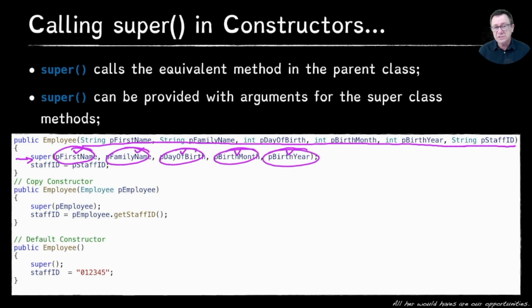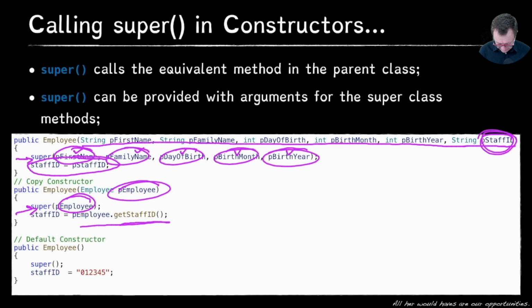And what have we used? We've used in that superclass our constructor with parameters. Now we also set staffID here to be pStaffID. We have our copy constructor, and you can see our copy constructor does exactly the same thing. It calls super and passes it the employee, which does its work, and from our pEmployee, which has a staff ID, we get the staff ID.